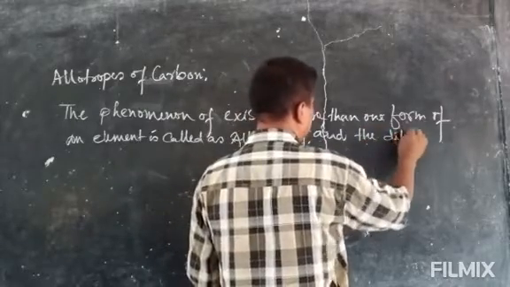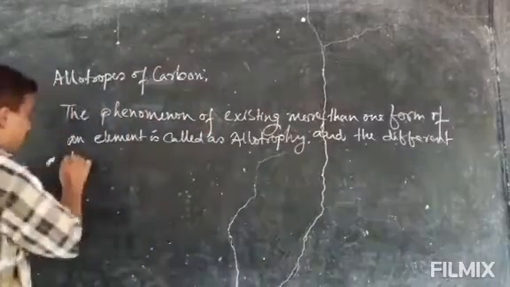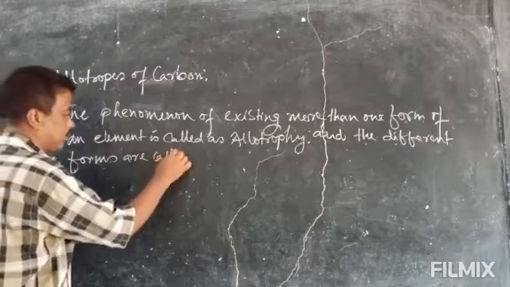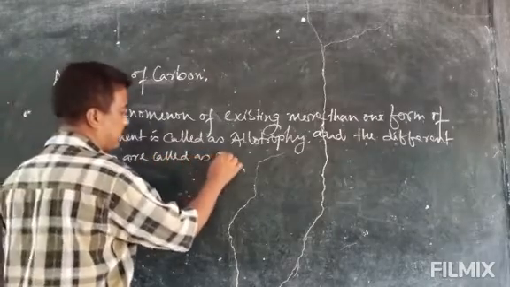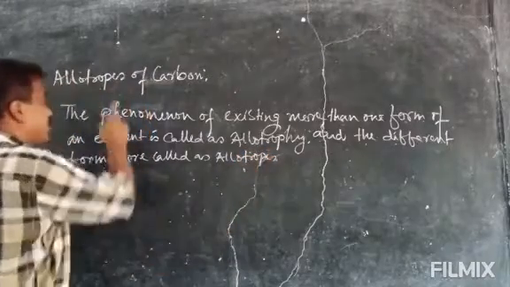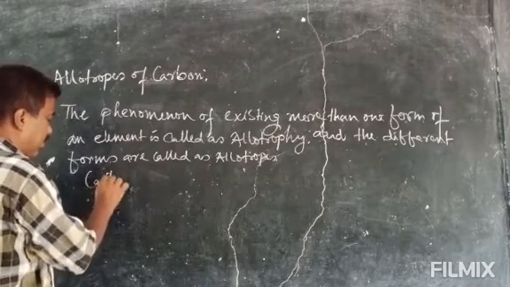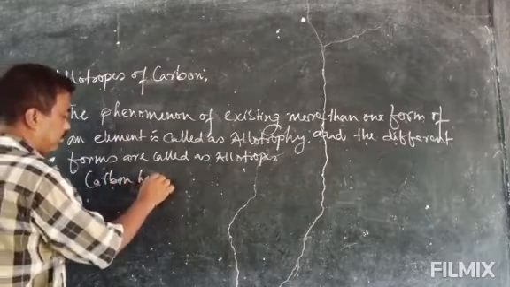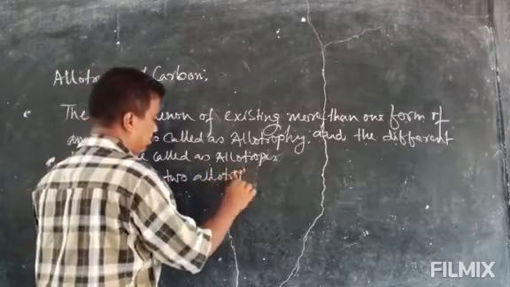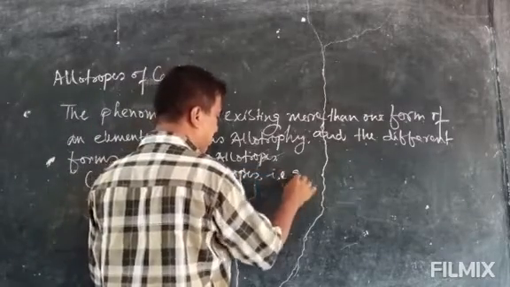And the different forms are called allotropes. Now this carbon has two allotropes, that is graphite and diamond.